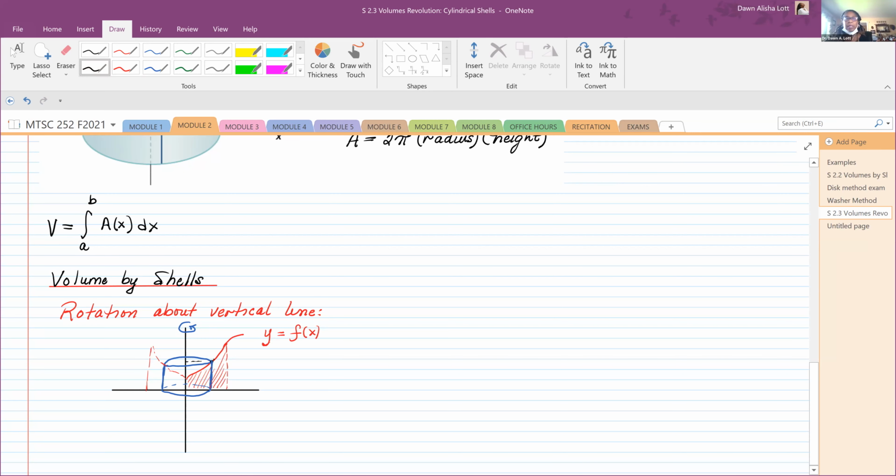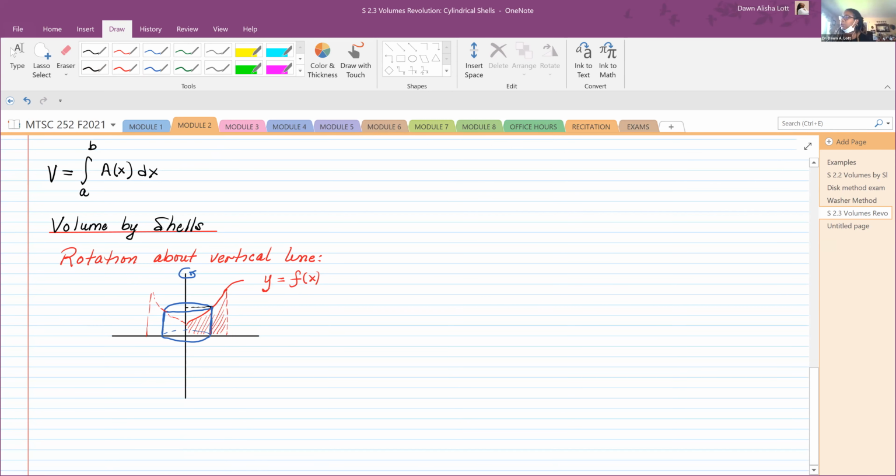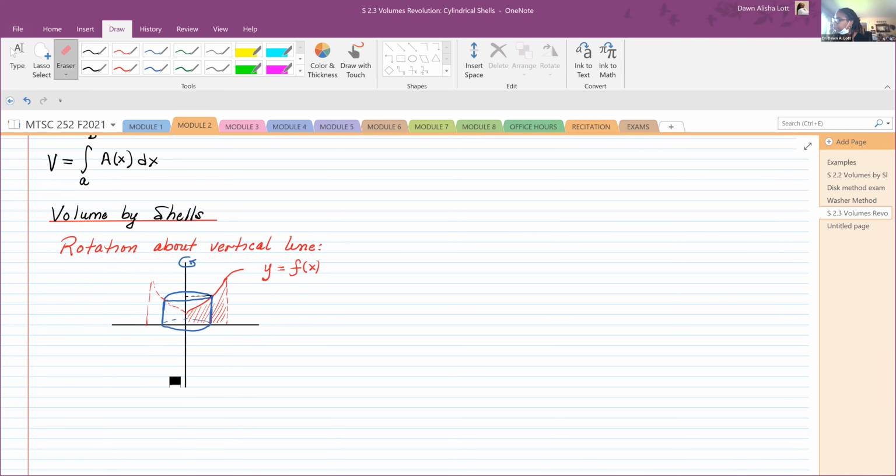So my formula is the volume is equal to the integral from 0 to 2 pi. No, that is wrong. It's the integral from a to b of 2 pi times whatever my radius is, the general formula is x, and then f of x is the height.